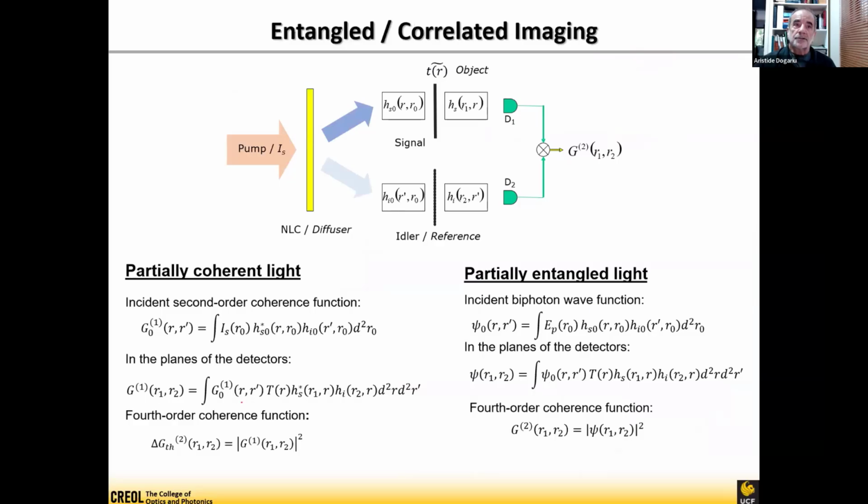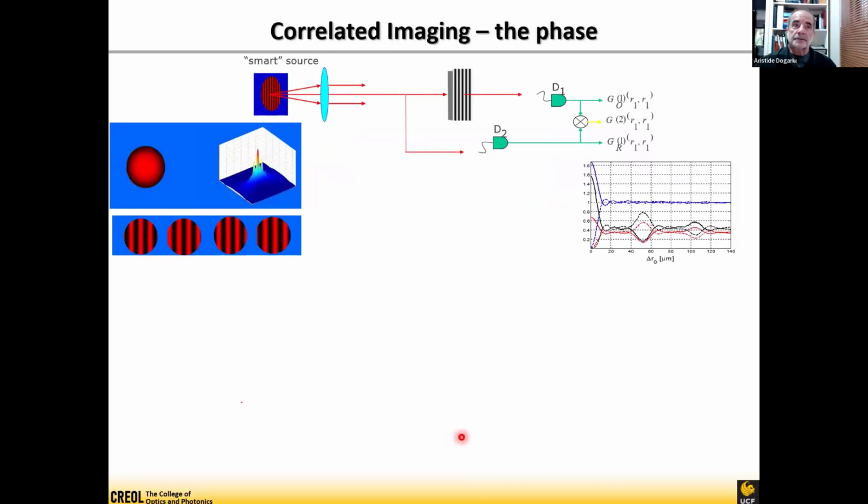You can do even more. We heard something about the analogy between classically partially coherent fields and entangled fields. I don't want to get into any details, but the analogy is essentially perfect for the scope that we are addressing here. You have an object, you have a reference, which you can call the idler, and what you measure is essentially intensity fluctuations, the famous G2 factor.